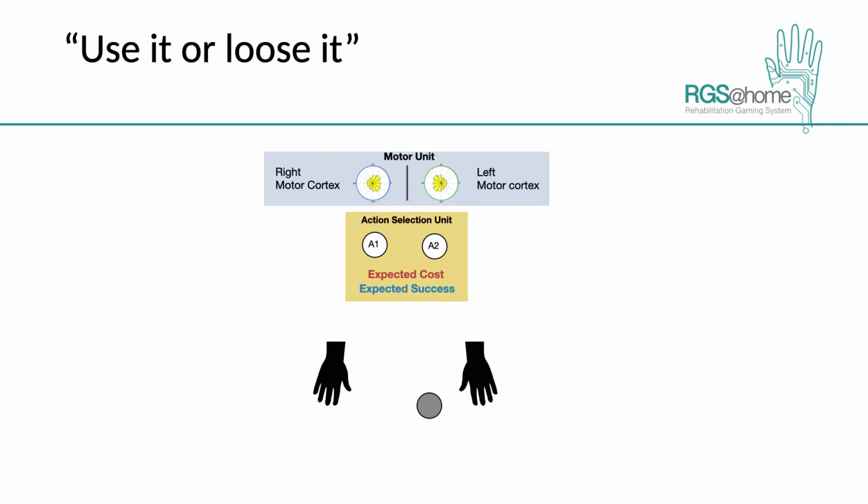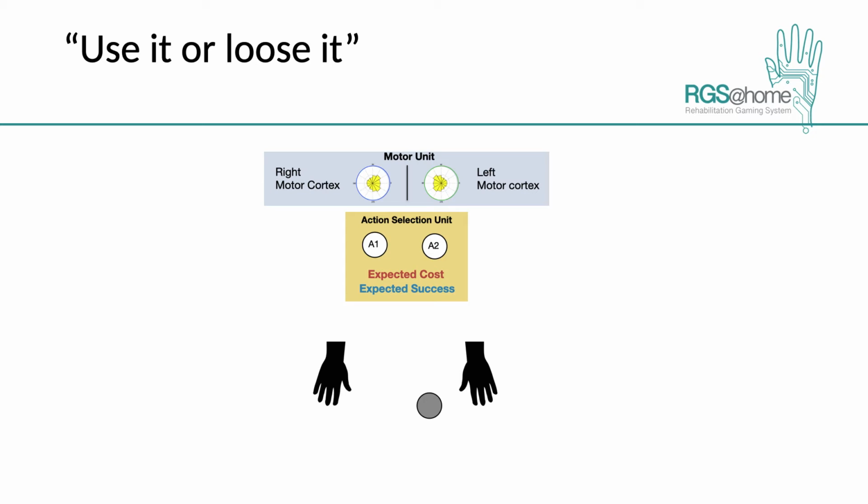The action selection unit is an interactive race model, also composed of a pool of neurons, one dedicated to each action that is possible in this case. Action one would correspond with selecting the right arm to reach the target, and action two would be selecting the left arm.